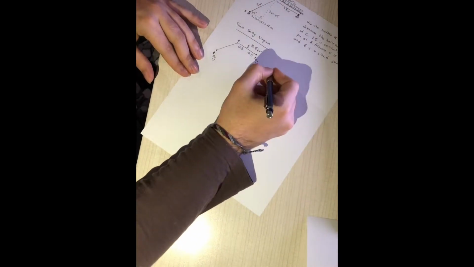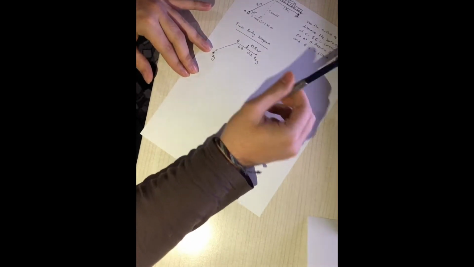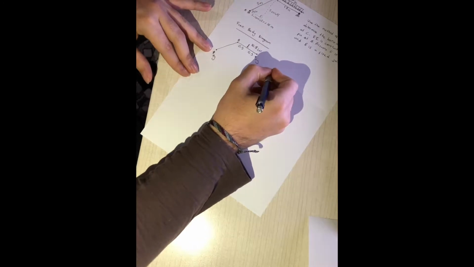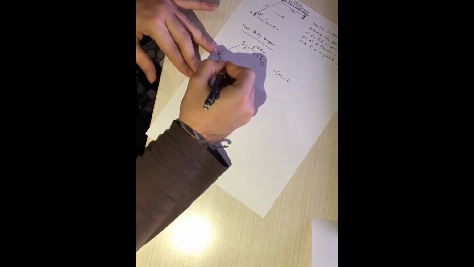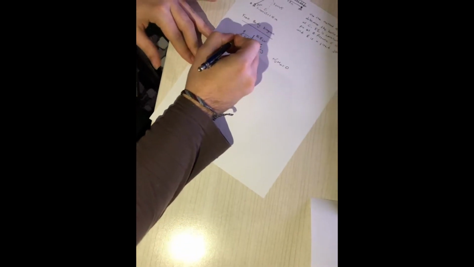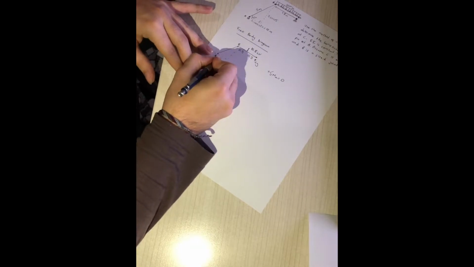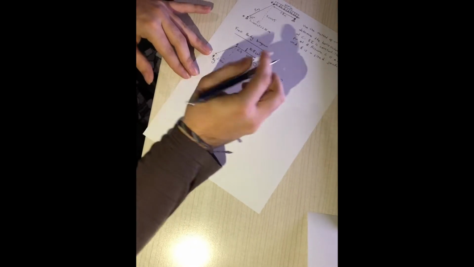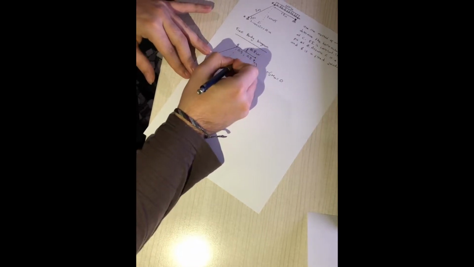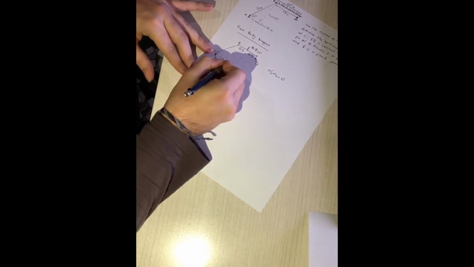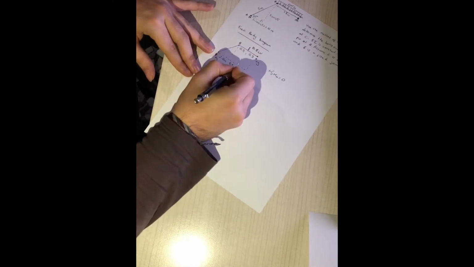Let's take moment about point A. Moment A equals 0. There is 2.12 meter, 0.9 and 0.9.